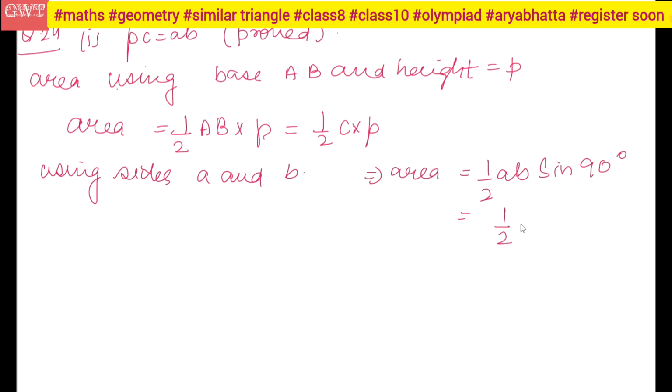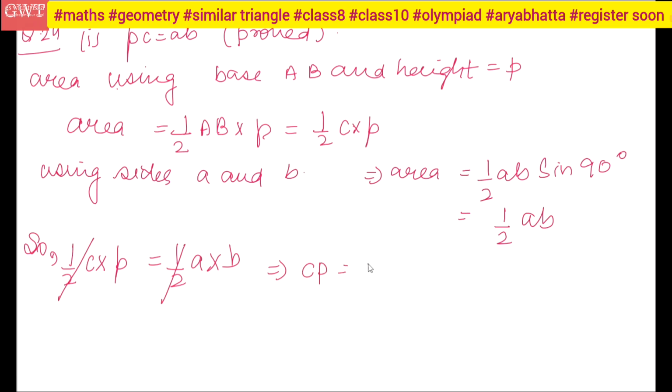So area is half AB. Finally, 1 upon 2 C into P is 1 upon 2 A into B. So 1 upon 2 cancels, giving us CP is equal to AB, or PC is equal to AB. This only they are asking, so I have proved that.